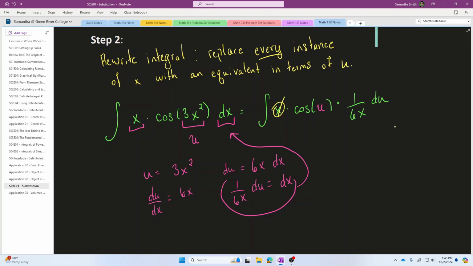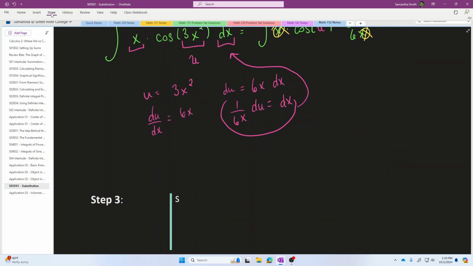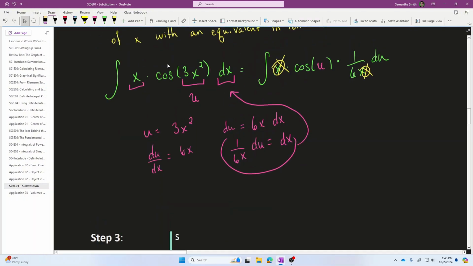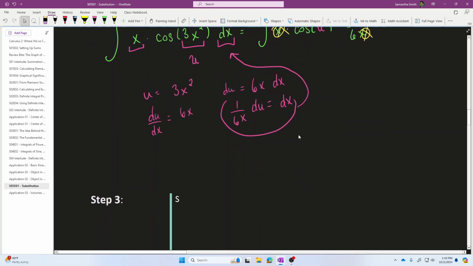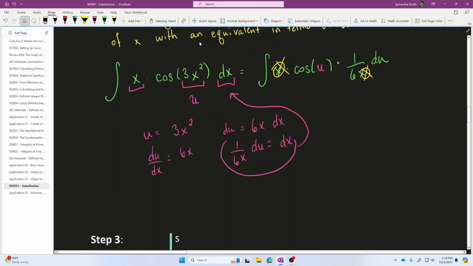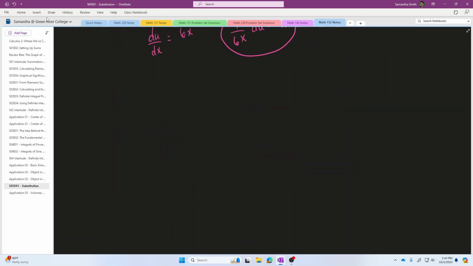So that multiplied x and that divided x cancel out. And so having made those two substitutions of this u here and replacing this dx here in the back, I have now achieved an integral that no longer has any x's in it, but only contains u's. Integral of 1 over 6 cosine of u du.